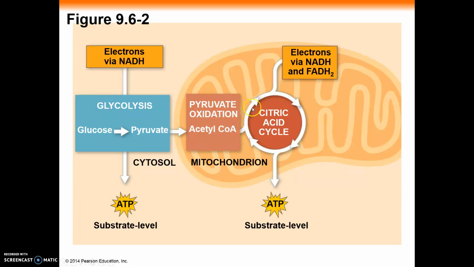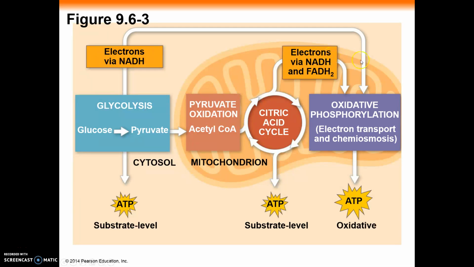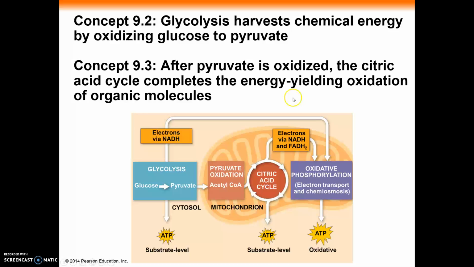This acetyl-CoA gets put into the cycle, which turns around. We gain a lot of electrons, and we also generate more ATP. Ultimately, all of these electrons are then going to be put into the electron transport chain and used to generate ATP.